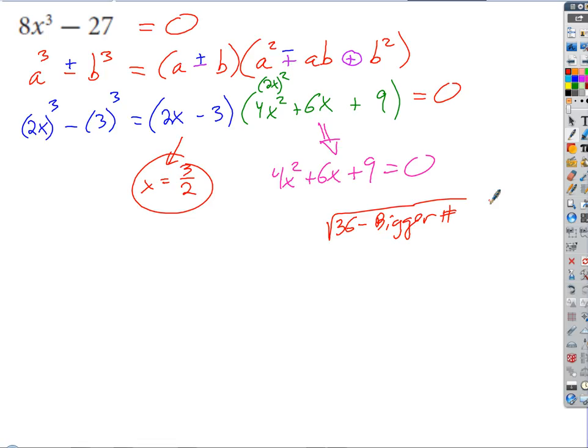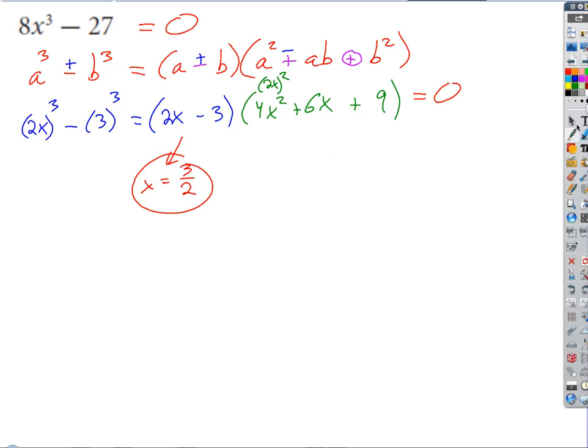Okay, is that an accident? No, it's not. It's always going to be that way. So when you use any of the cube factoring patterns, sum or difference, what you end up with here is a linear factor, which is always going to give you a solution. And you end up with what we call an irreducible quadratic. I don't think our book uses those words, but I want you to know that.